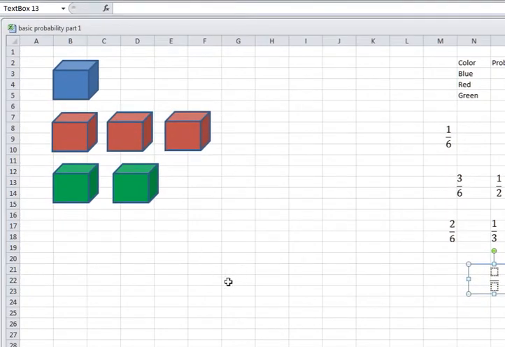As you look at this, this was that example of the blue, and you see some of my notes over here. If we looked at the blue, there was 1 chance out of 6, so we said that.